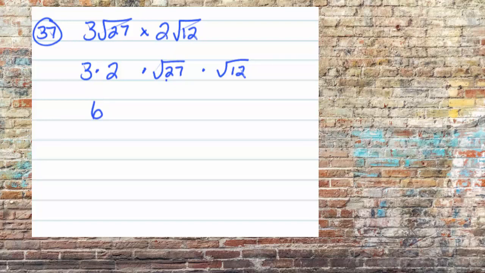is going to be a combination of root 3 times root 9. So we should be seeing, hey, I'm going to be able to take the square root of 9 and that'll pull something out of a radical. Square root of 12 gives us root 3 times root 4.